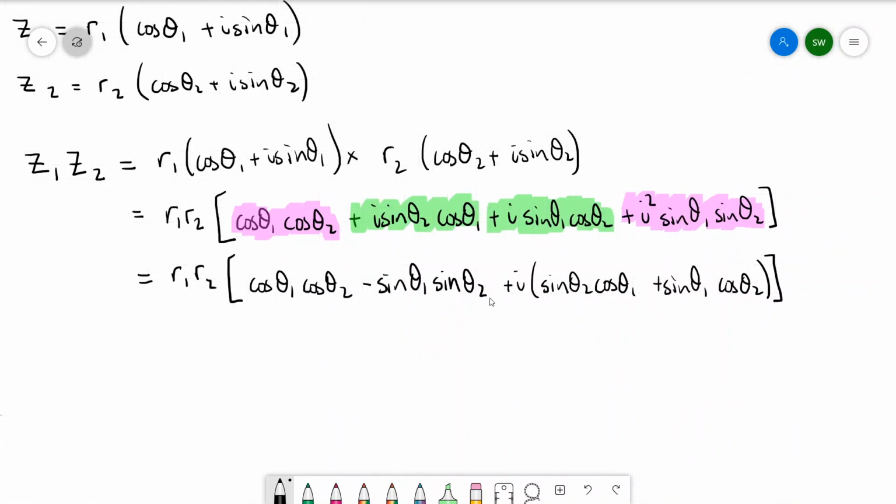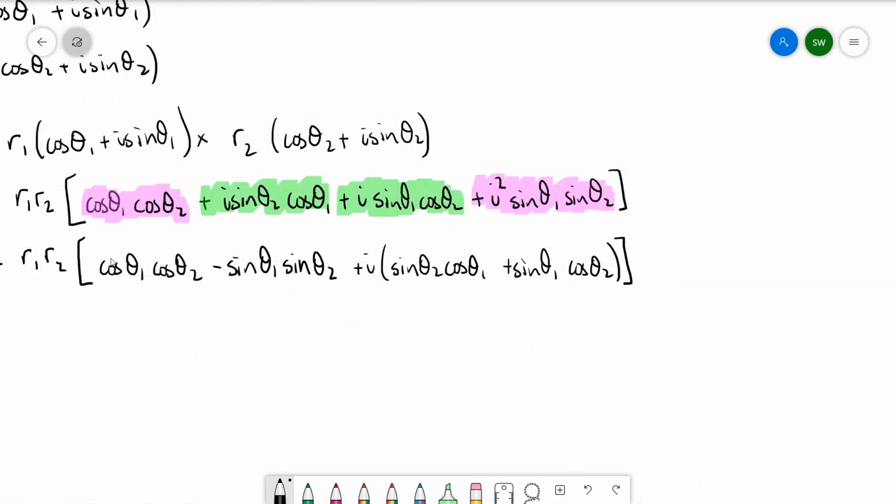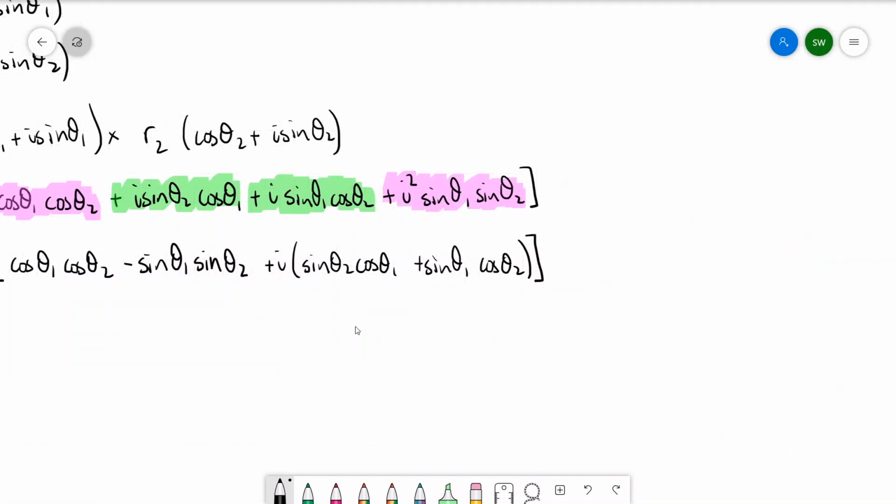Okay, so still this formula is not looking very nice. I don't want to have to try and remember this formula. It doesn't look like we've simplified it. But you'll notice that actually this looks like the compound angle formula for cos. Remember that we know that cos of A plus B is cos A cos B minus sine A sine B. So here we've got A is theta 1 and B is theta 2.